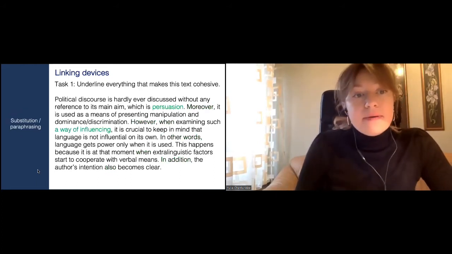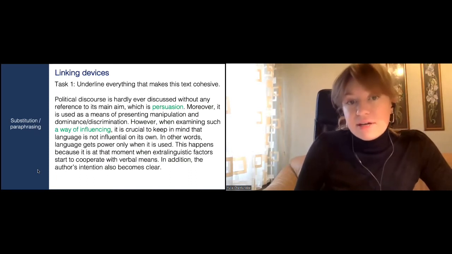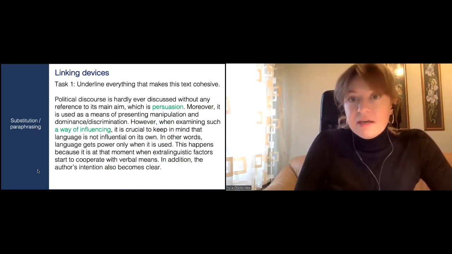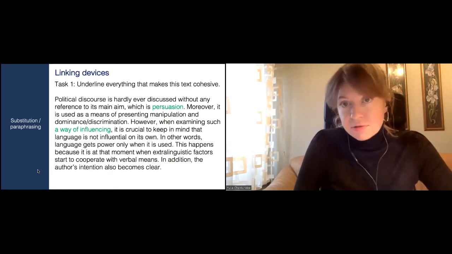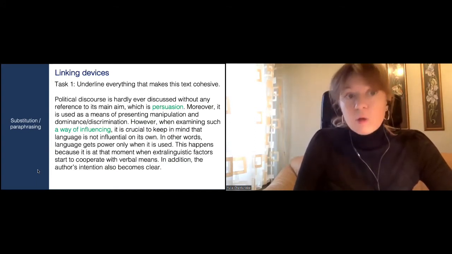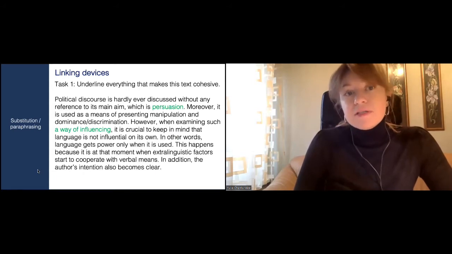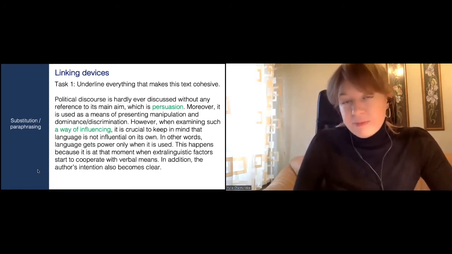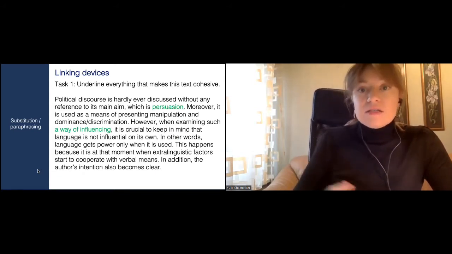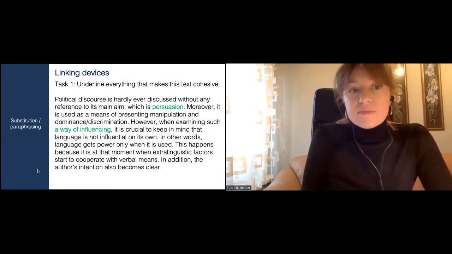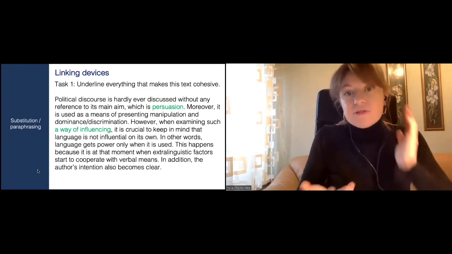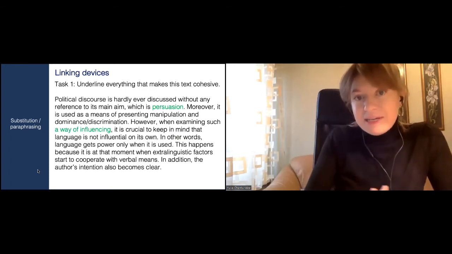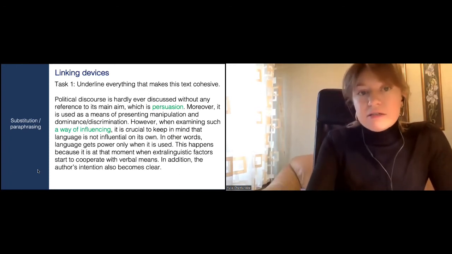One more type is using paraphrasing or substitution. This is a method in which we use other words for expressing the same idea, not to repeat the word, to avoid too frequent repetition in our texts. So here, persuasion is paraphrased as a way of influencing. So here, influencing the audience. This also connects the sentences together.